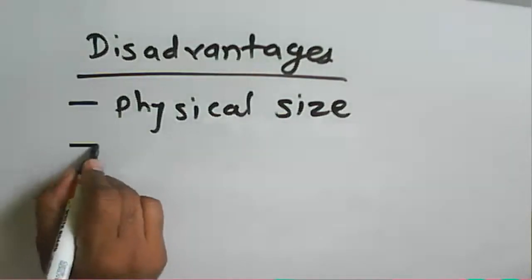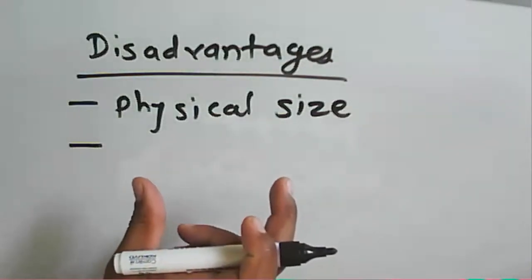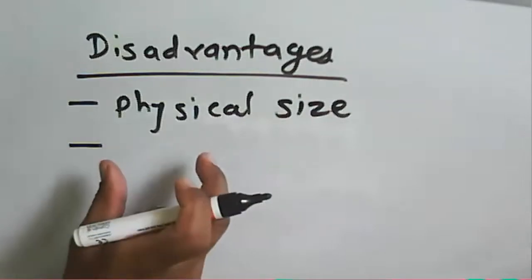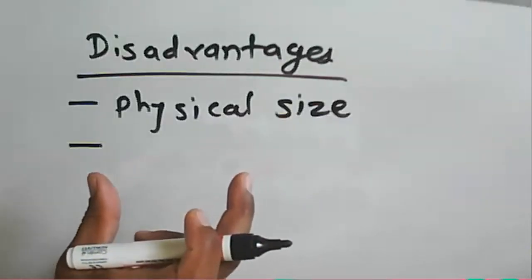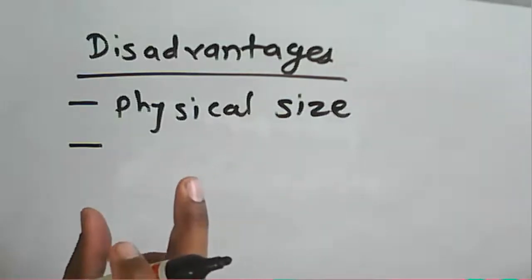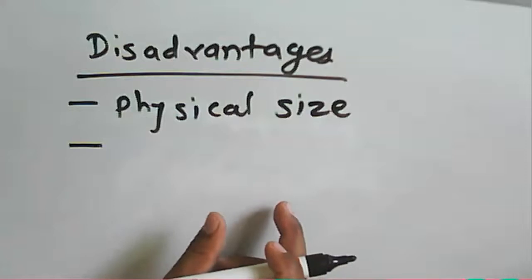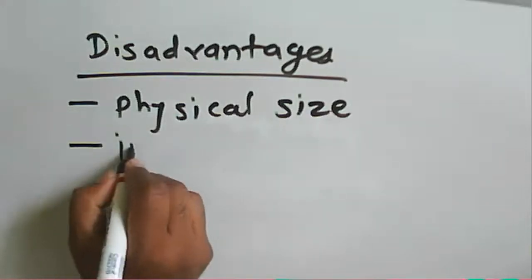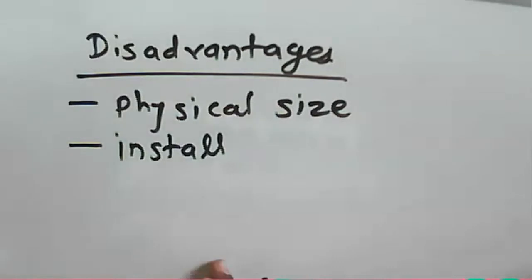Then another one: a rectangular waveguide is a hollow tube, a hollow pipe shape, and it is heavy. Because of that, it is difficult to install. Installation of this rectangular waveguide is difficult.